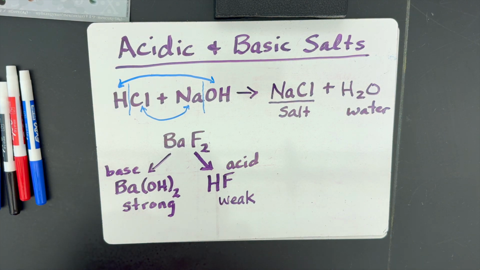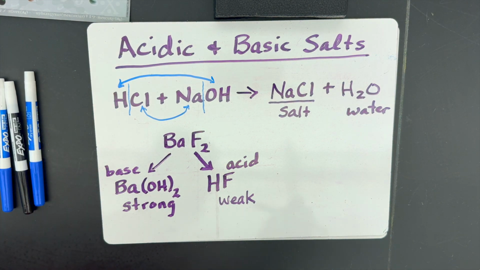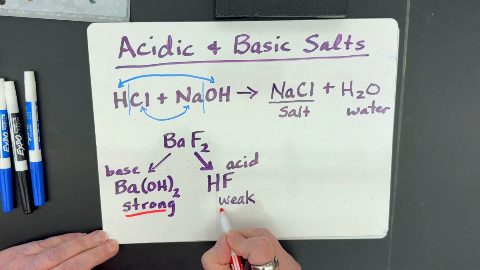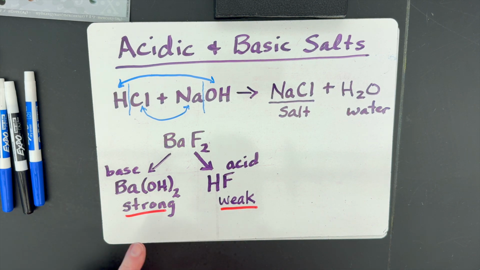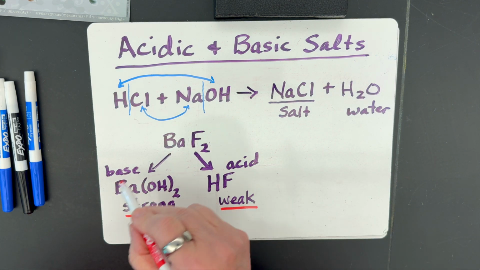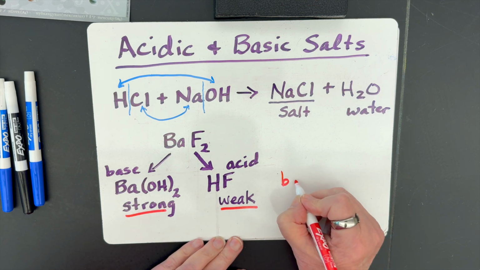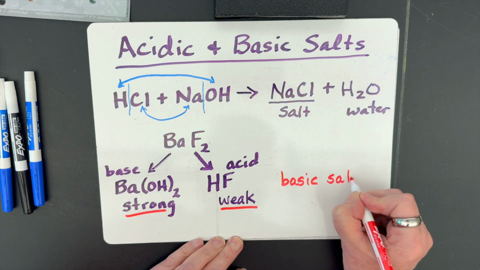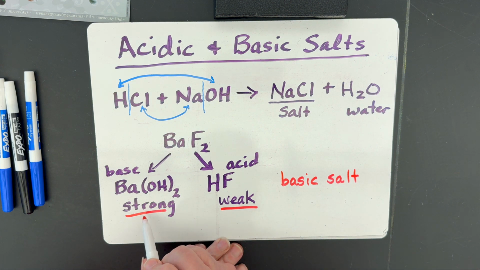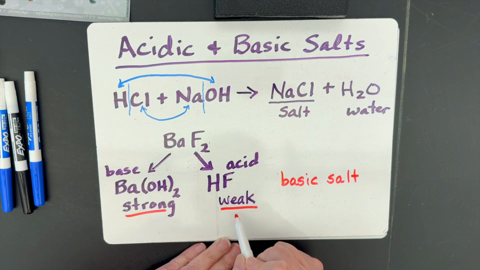If we have a strong base combined with a weak acid, the strong base will overpower the weak acid, and so we're going to have a basic salt because the base was strong and overpowers the weak acid.